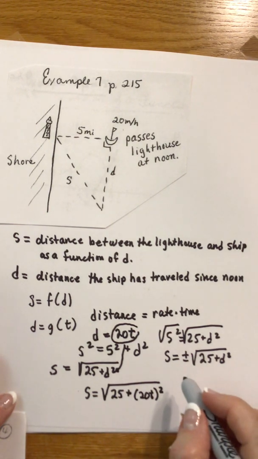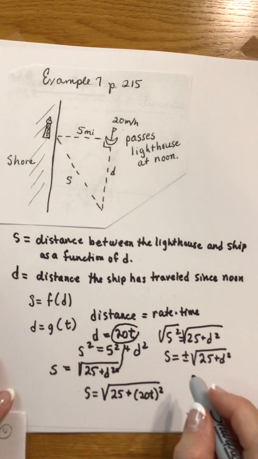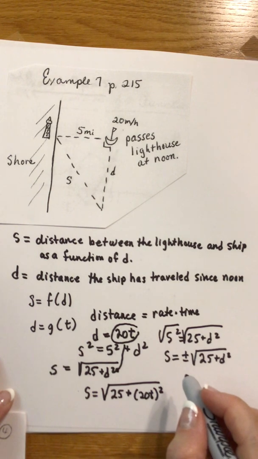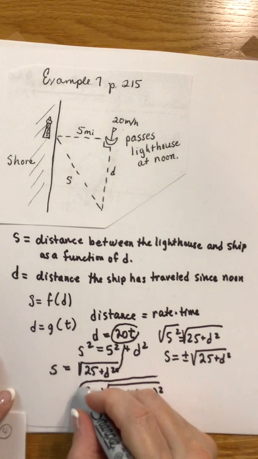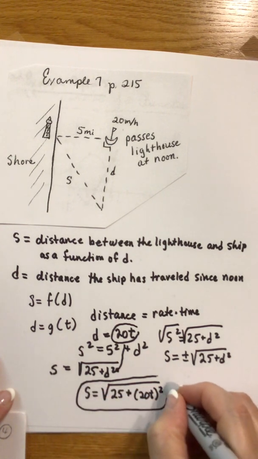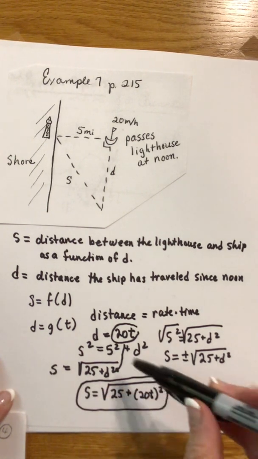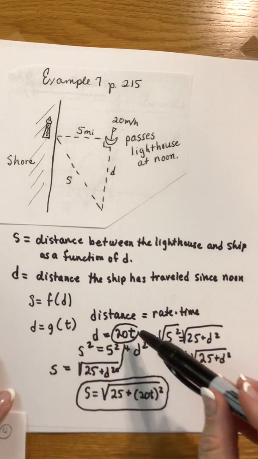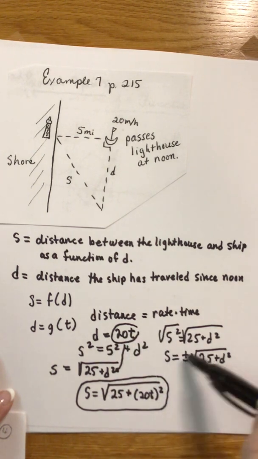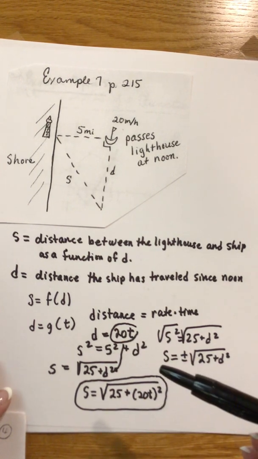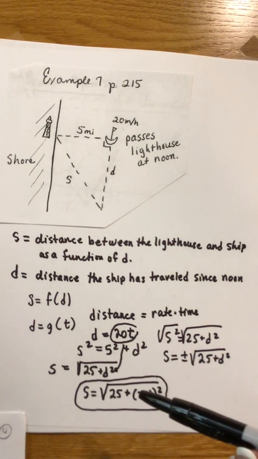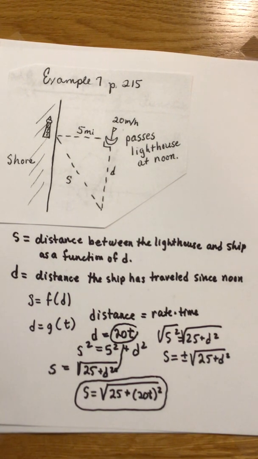So now S is the expression which represents the distance of the ship away from the lighthouse as a function of time. So this would be my final answer. So this was a function, distance equals rate times time, and then this one was the other function, and then we combined these two functions. So we have composition of functions. Again, you can look that one up also on page 215 in your textbooks.